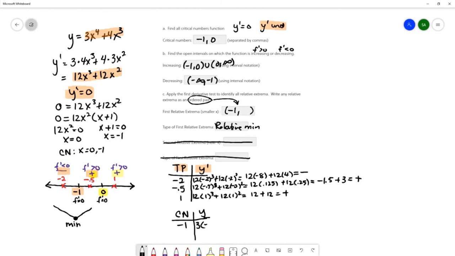So 3 times -1 to the 4th plus 4 times -1 cubed. That's 3 minus 4 is -1. So the ordered pair -1, -1 is the relative minimum for this function.